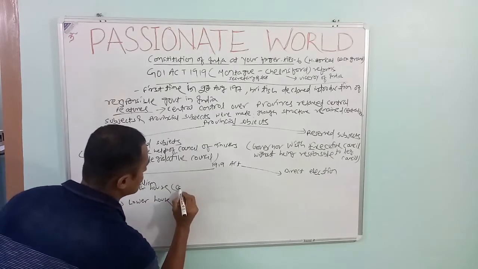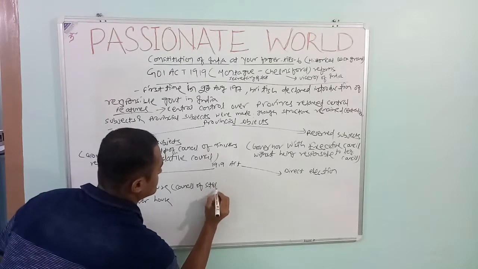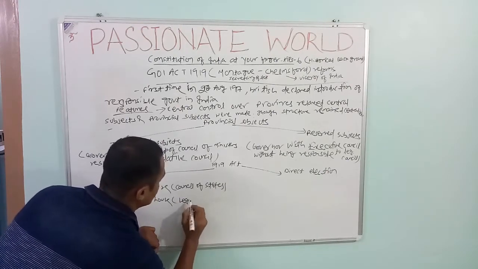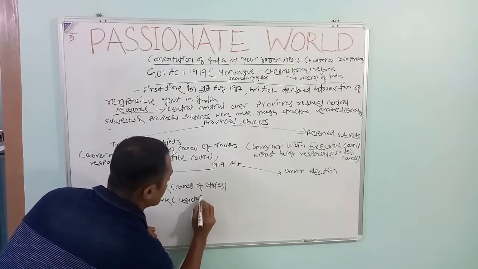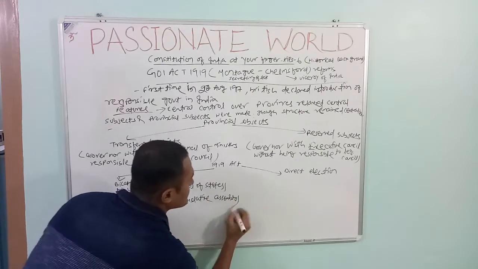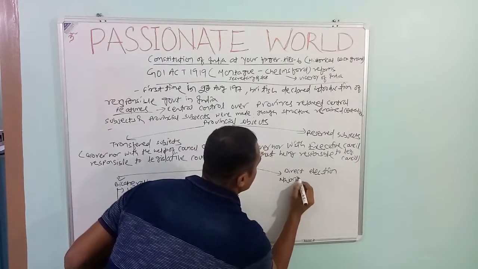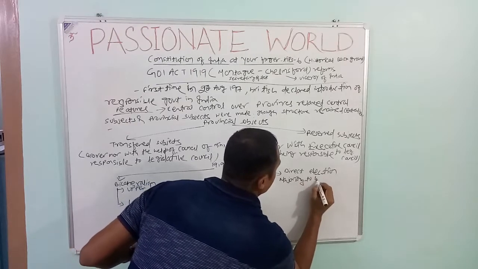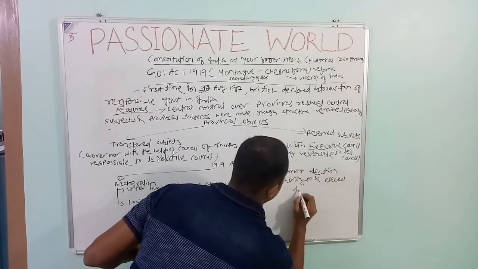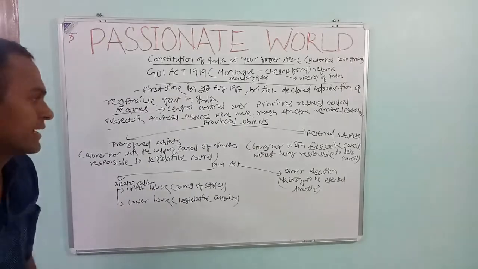The upper house is the Council of States. The lower house is the Legislative Assembly. Then direct election: the majority to be elected directly.